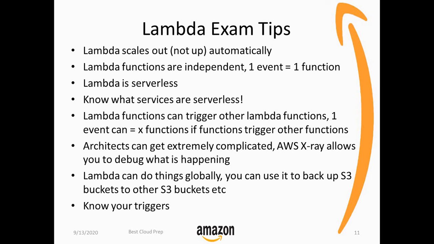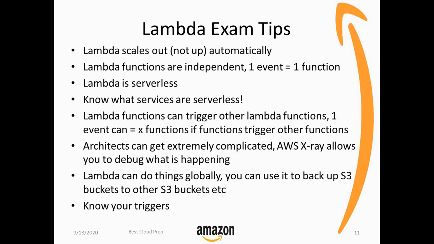So RDS is not serverless, but there is an exception, and that is Aurora Serverless. That's the only RDS service that is serverless. Things like DynamoDB are also serverless. Things like S3, Lambda, and API Gateway are all serverless technologies. EC2 obviously is not serverless.